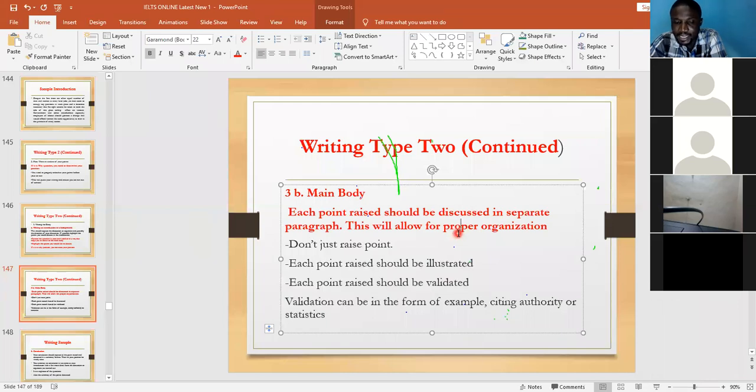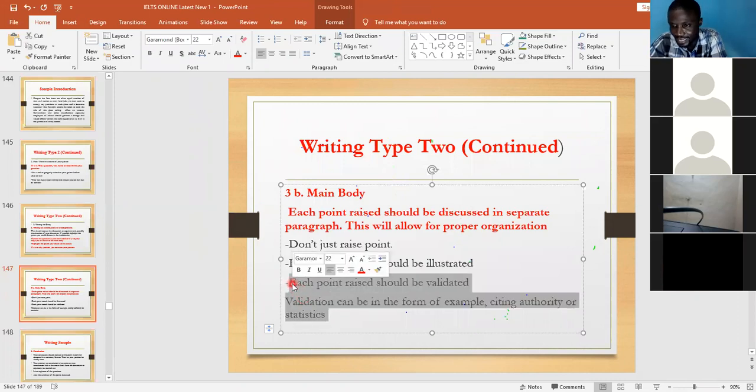And I said, don't just raise the point. You need to raise the point, and possibly illustrate the point and explain. So the introductory statement would be just a statement that captures your idea, then you explain the idea, then if possible, you give a validation of the idea.